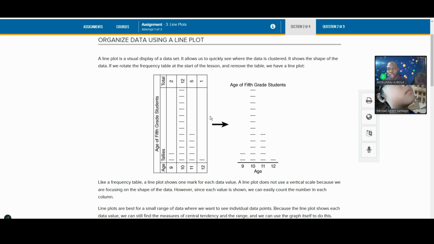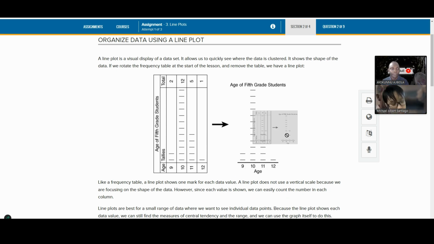So if you rotate the table we have previously, and you remove the borders of the table, then you have something like this, okay?